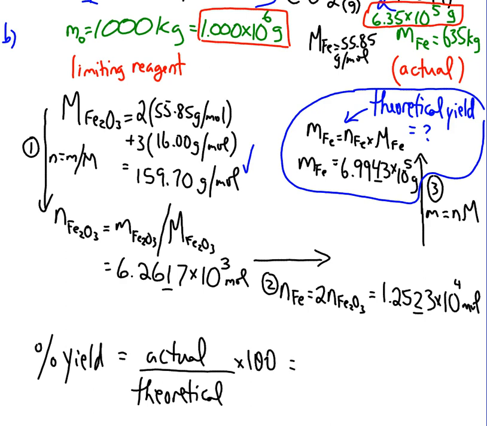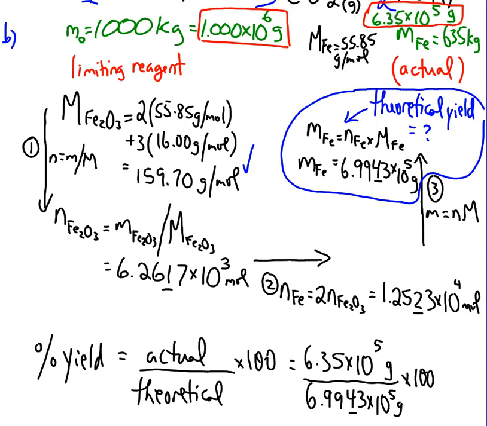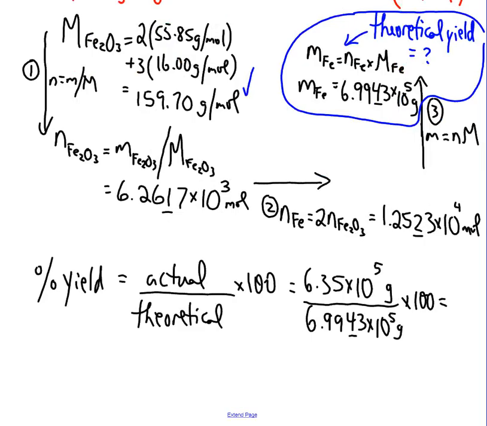So the actual is 6.35 by 10 to the 5, that's 635,000 grams, divided by the 6.9943 by 10 to the 5 maximum theoretical. We'll get a percentage yield of 90.8%, approximately. Okay, so I've rounded there to 3 significant digits.